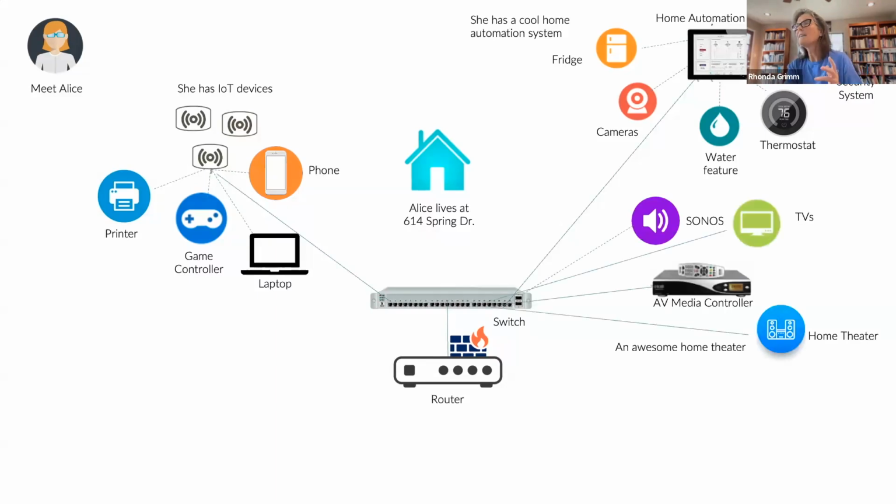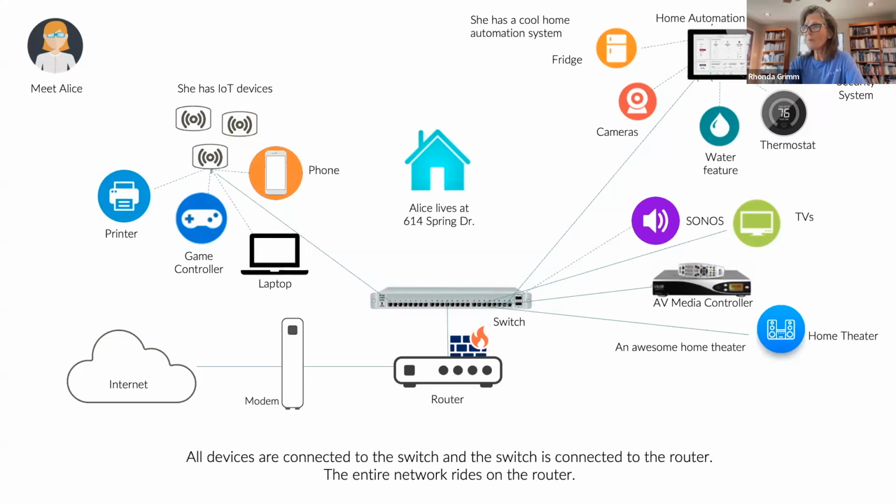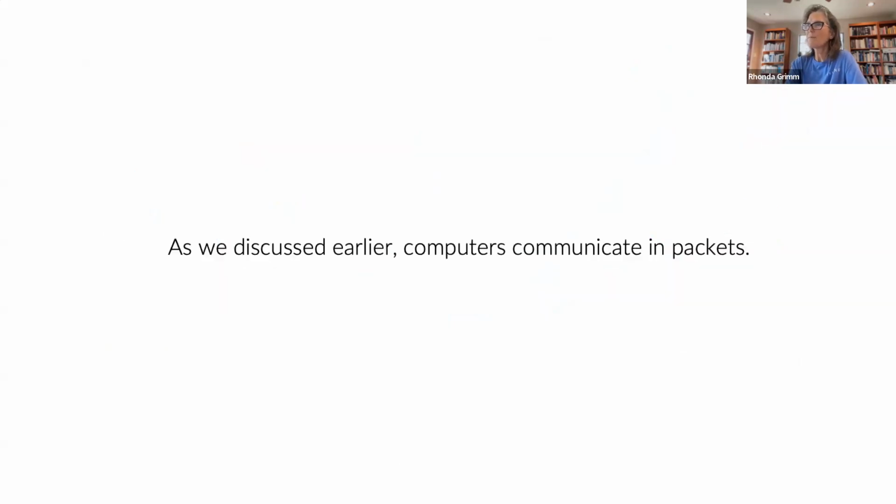And then you've got this rockin' home theater system, and you've got the media controller and all these things that plug into the switch, which plug into the router. So the router, this whole thing goes into the router, out to the modem, out to the internet. So you can see everything rides on the router. And that's kind of where our focus is going to be today. What role does the router play?